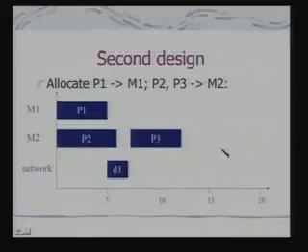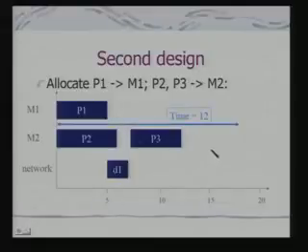Now, if we look at another design, here my allocation is that I allocate P1 to M1 and P2 and P3 to M2. That means effectively I have interchanged P1 and P2 in terms of the allocation scheme. Here you will find that the cost is much less for communication because it is between P1 and P3, and so the total time required turns out to be 12, which is less compared to the previous one.